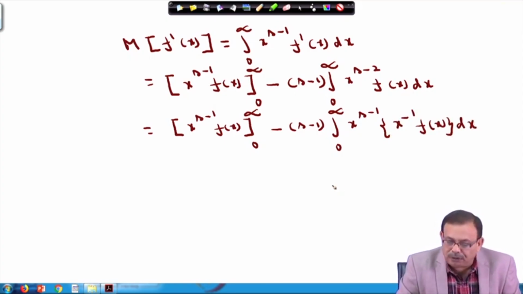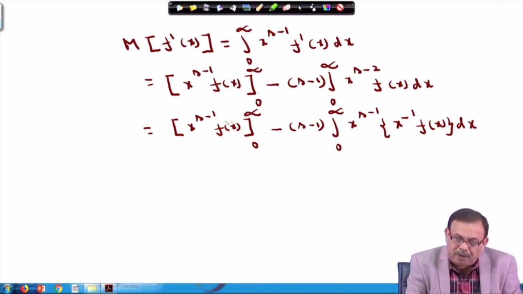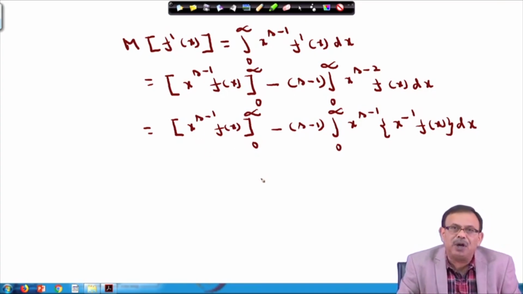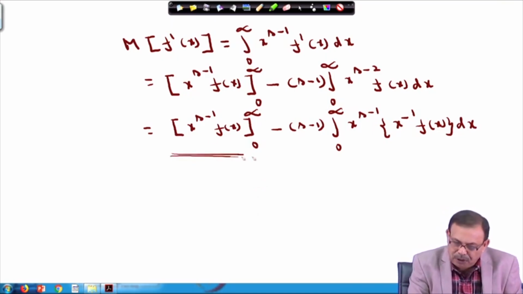Now, if you recall, x to the power s minus 1 into f(x) approaches 0 whenever x approaches 0 or x approaches infinity, because in the definition itself we said provided x to the power s minus 1 f(x) approaches 0 as x approaches 0 or infinity. So, this particular term will vanish due to this condition.